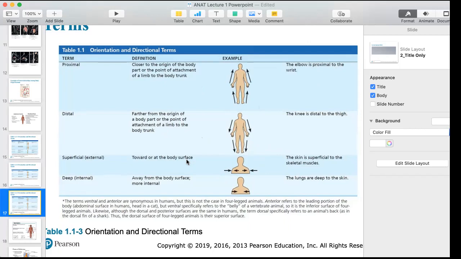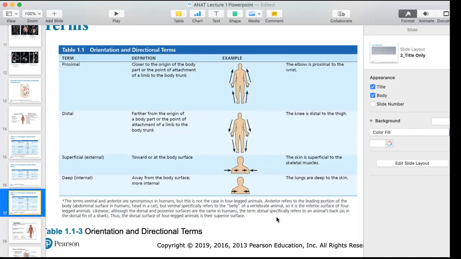Superficial, though, is closer to the body surface, and this is one where we can use lots of examples. We can say, for example, that the sternum is superficial to the heart, or the adipose tissue is superficial to the skeletal muscle tissue.